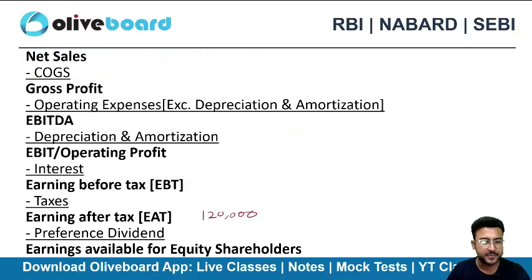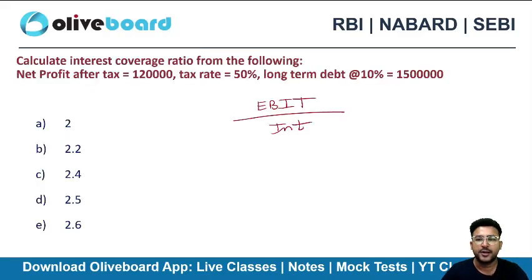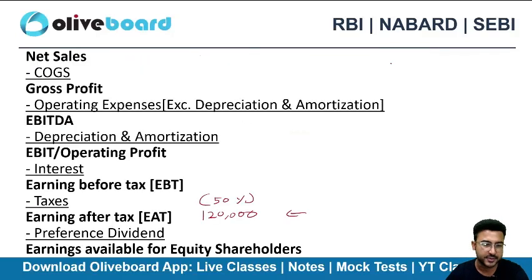Tax rate is 50%. So 50% must have been already deducted in order to compute this 1,20,000. Long-term debt is 15 lakh rupees, on which I need to pay 10% interest. So my interest will be 1,50,000.